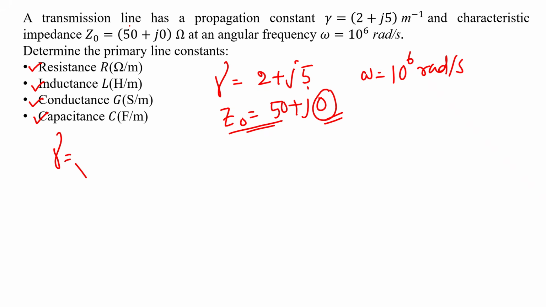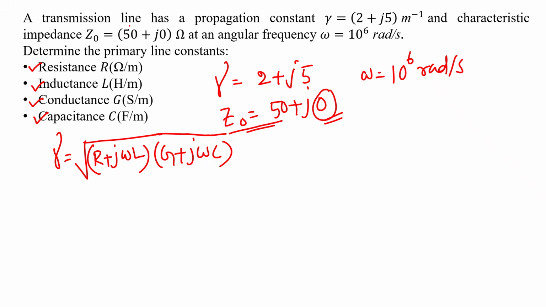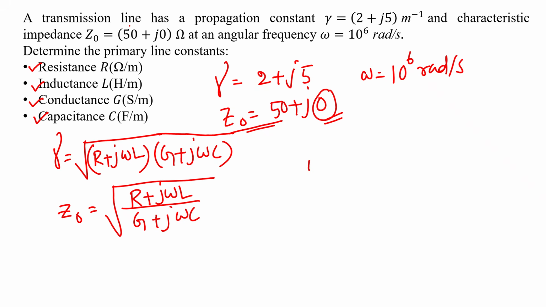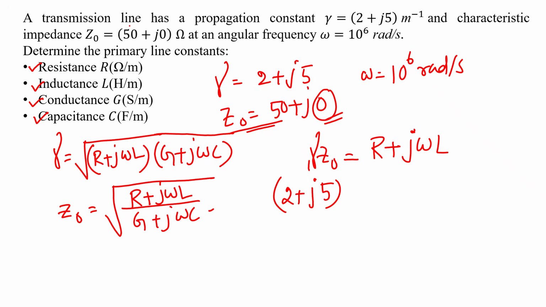We know that gamma equals under root of r plus j omega L into G plus j omega C, and also that Z0 equals under root of r plus j omega L divided by G plus j omega C. Now if I calculate gamma times Z0, the G plus j omega C terms cancel out, so what is left is gamma Z0 equals R plus j omega L. The value of gamma is 2 plus j5, and Z0 is 50.